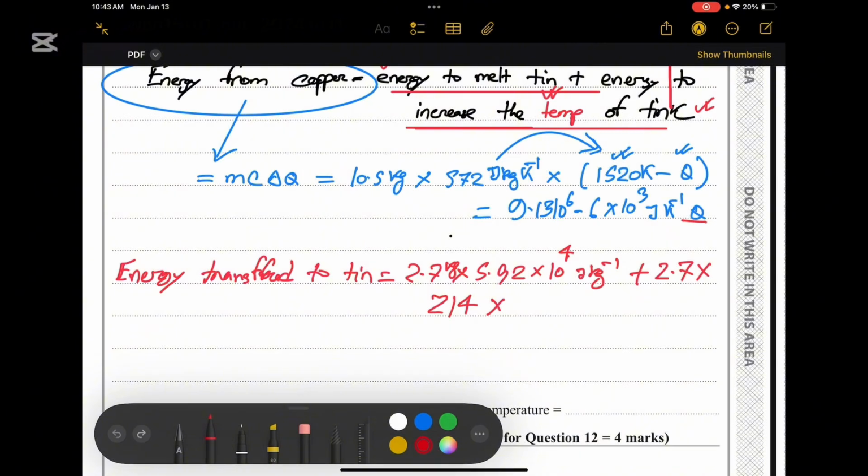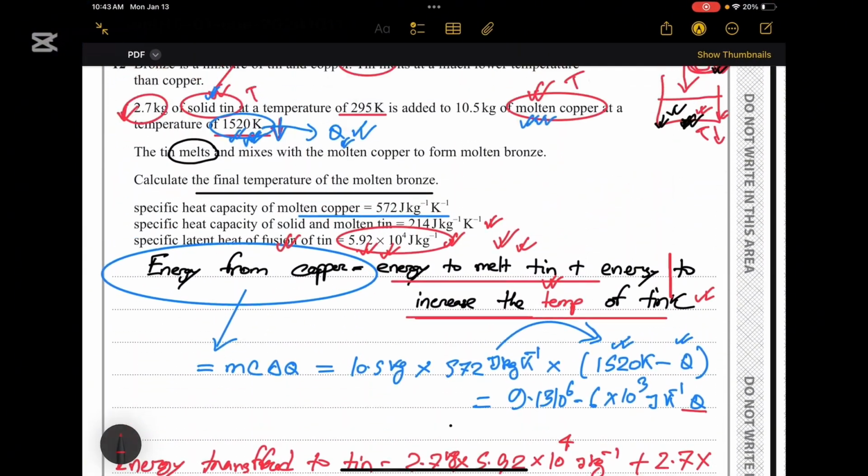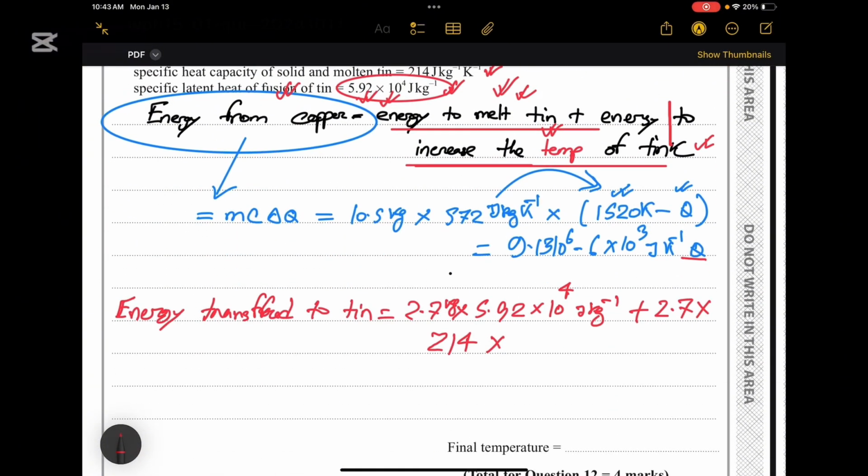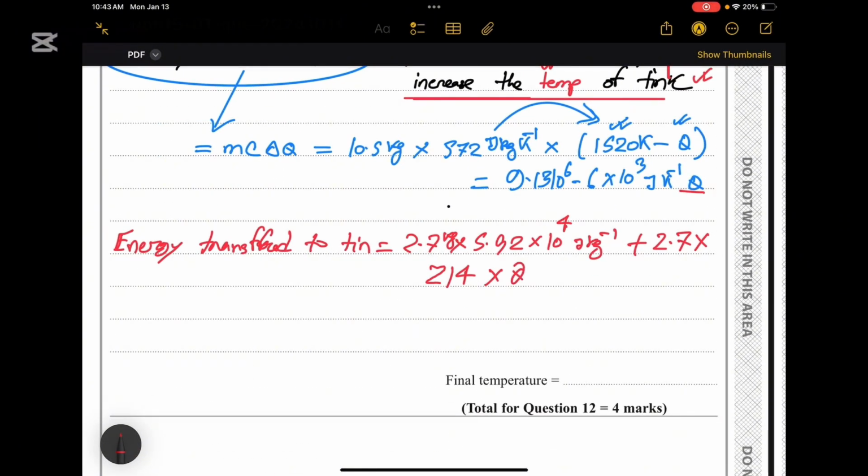Sorry, its temperature will increase. Its previous value was 295, so it will increase to, let's say, a value of theta. We know this theta value is greater than 295, so we put it first, which is theta minus 295. We always add the bigger value first.